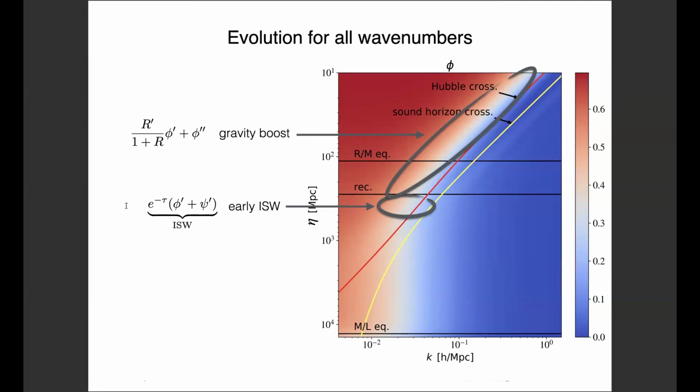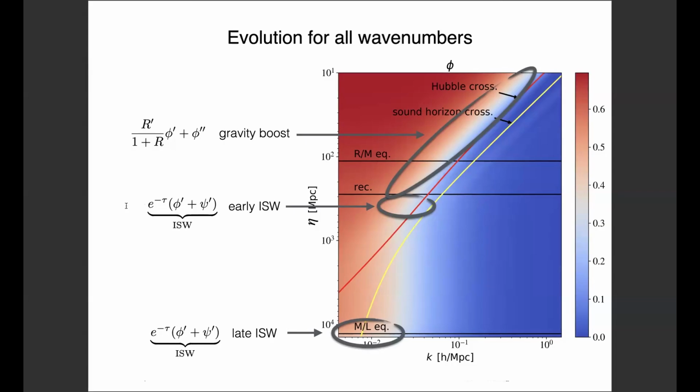So here there is a bit of a gradient, and this region will be responsible for the early integrated Sachs-Wolfe effect. Then the other region where we have a gradient is during lambda domination. Here phi decays, and when the modes cross this region, they will contribute to a late integrated Sachs-Wolfe effect.